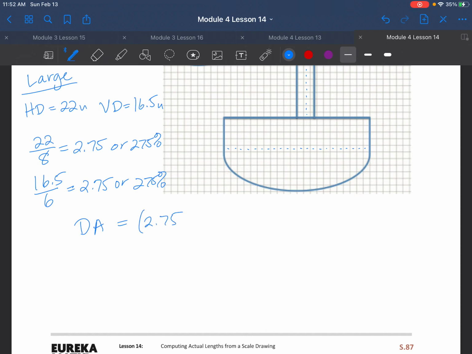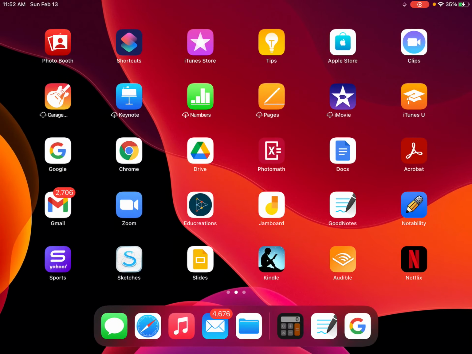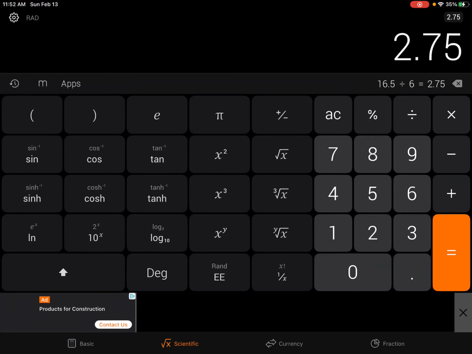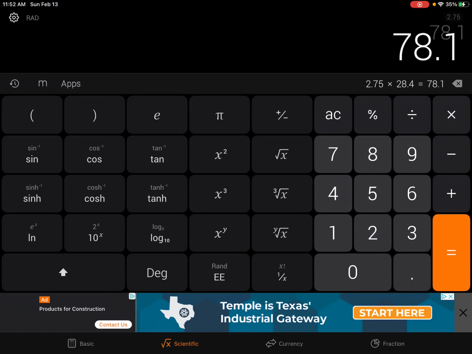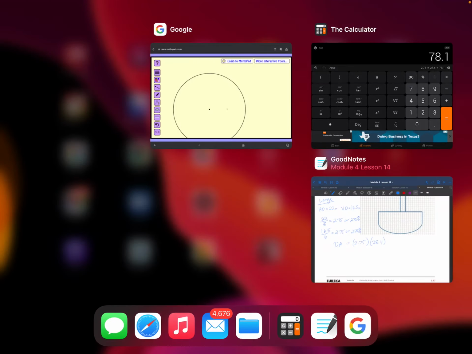Now we can find the distance around. We're going to call that DA, distance around. We take 2.75 and multiply it by 28.4. 28.4, remember, is the distance around the smaller boat.